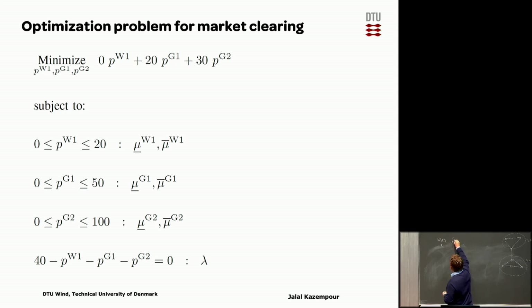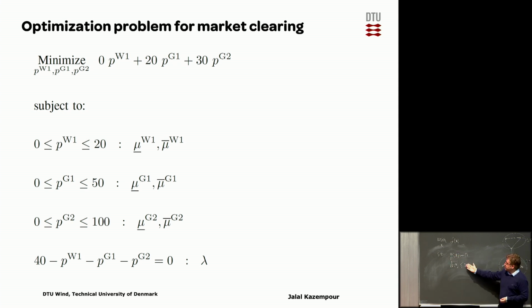For example, f of x. You are minimizing a function f of x, which depends on your variable x, subject to some equality constraints, and inequality constraints.